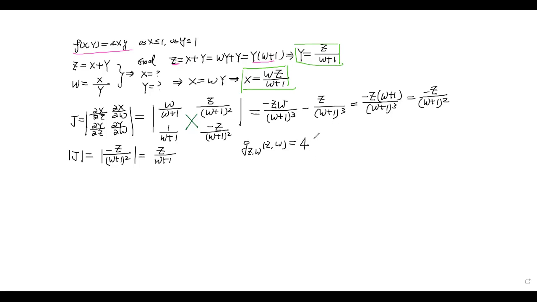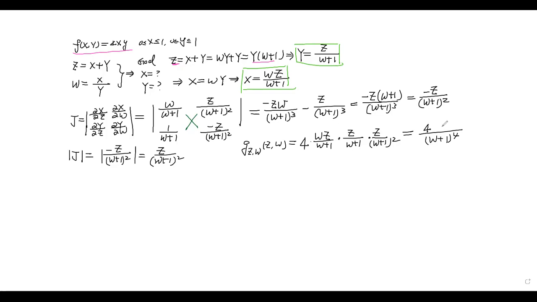So it will be 4 times wz over (w+1), times y, which is z over (w+1), but be careful, this is squared, times the Jacobian, right? So the Jacobian is z over (w+1) to the what? To the square. So if you simplify it, this is (w+1) to the fourth power, and z to the cube.